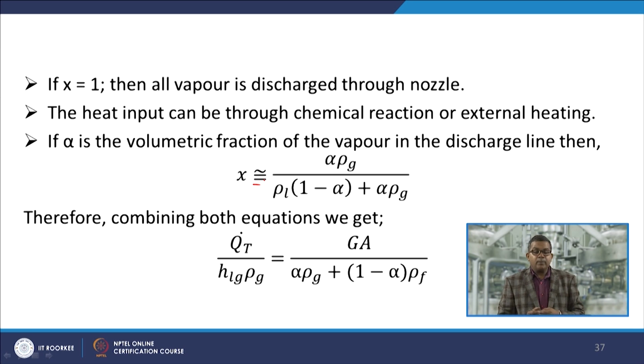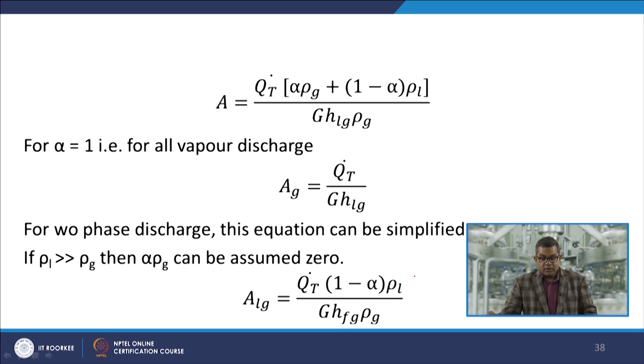So, if we combine both the equations, we get Qt upon HLG rho g equal to GA upon alpha rho g plus 1 minus alpha into rho L. So, upon simplification, A is equal to Qt into alpha rho g plus 1 minus alpha rho L upon G HLG rho g.